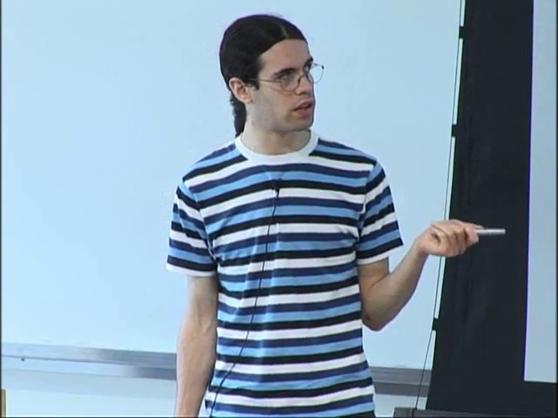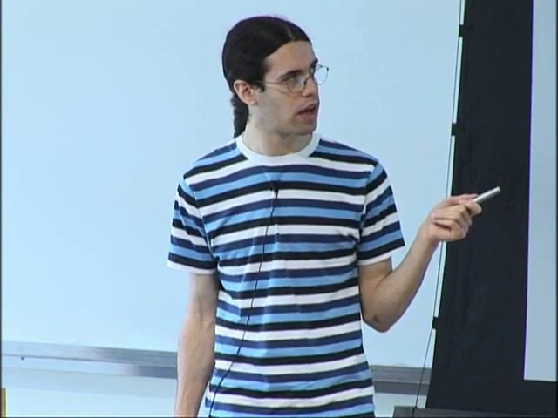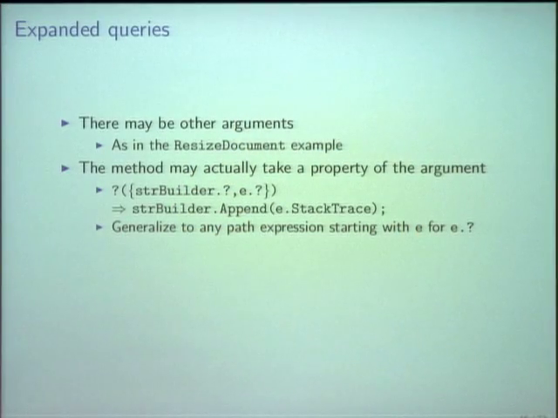And also, as I had said before, we want to be able to support the user not specifying the property of an argument. In this example, we have a string builder and an exception, and we have some debug log or something, and we want to append the exception to the string builder, and we want the tool to be able to recommend, oh, you meant to append the stack trace of the exception.